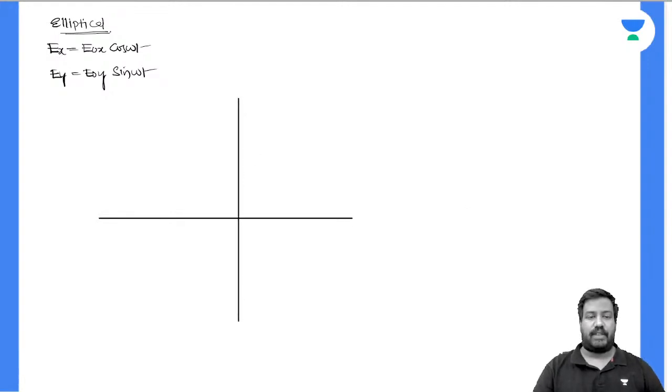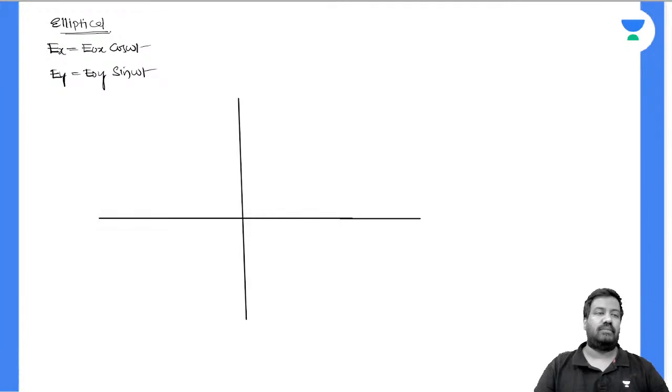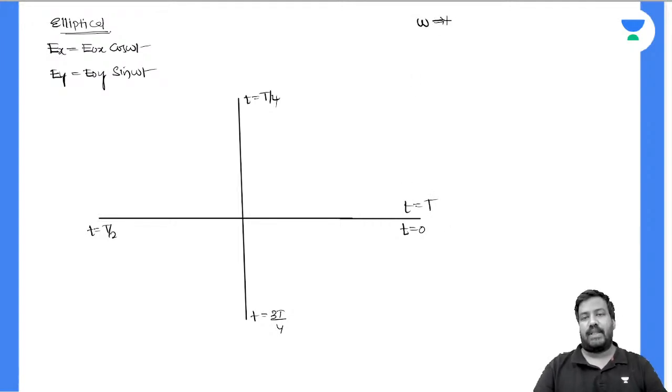Let us see how the ellipse is formed here. This for time t is 0, this t by 4, this t by 2, 3t by 4, T is capital T. Now you know omega represents the change of phase with respect to time.